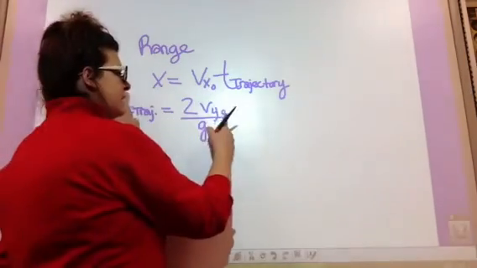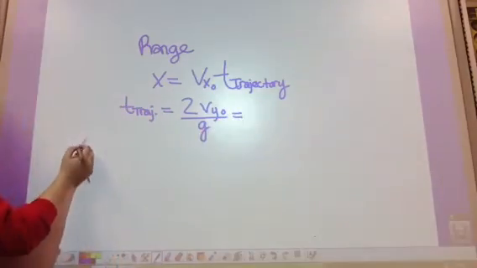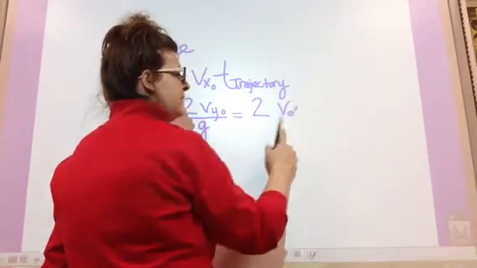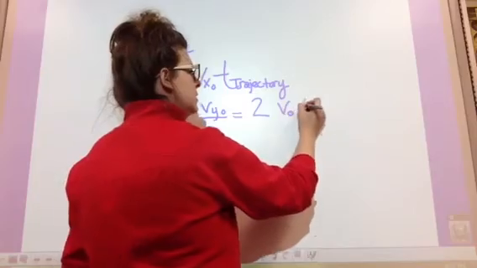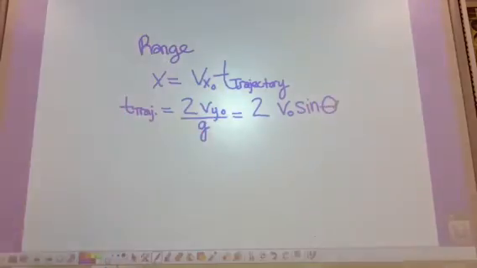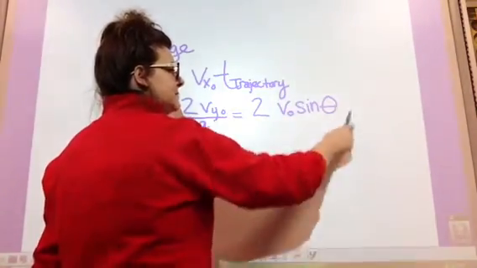So that would be V_y0, which is the same thing as saying that I have the initial velocity vector, so we're just calling that whole thing V0, times sine theta. Because in the y direction, it would be the sine theta. And that would be my original vector times that sine theta.